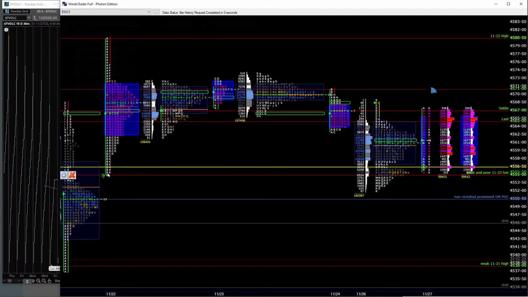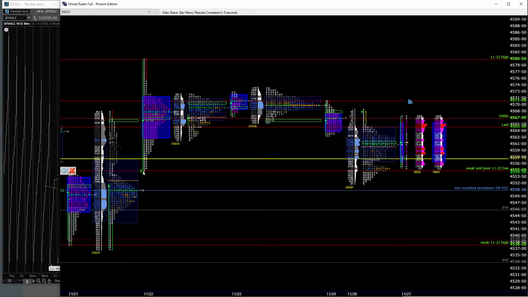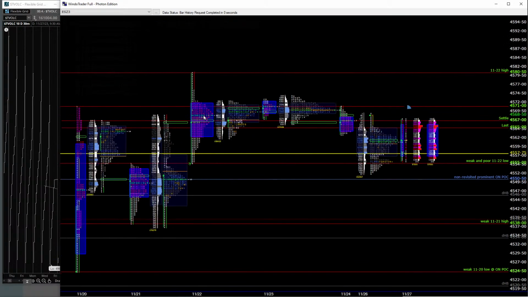Taking this low means several things here. One is the trend to the upside is over. One time frame higher ends when the market takes this low. The second thing is the market is giving us confirmation of the breakout failure of this 2-day range.